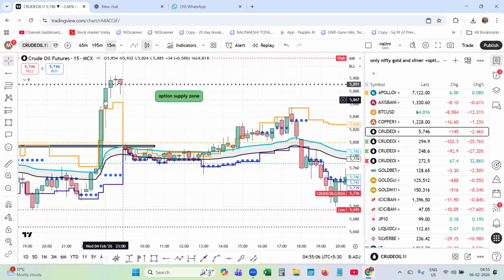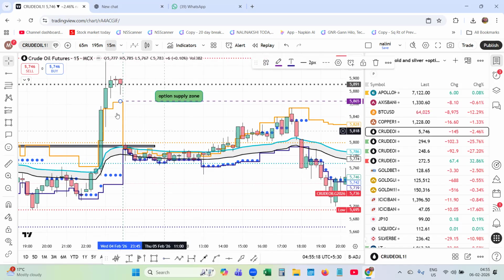But if you look at this, why did this move happen? Because there was no value built. If you mark the value area high, price started stalling over here.